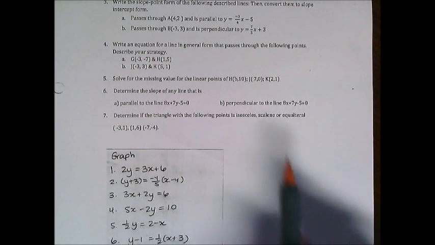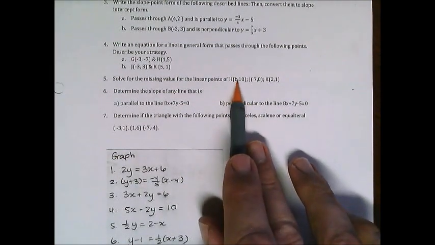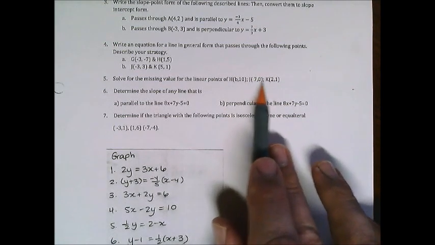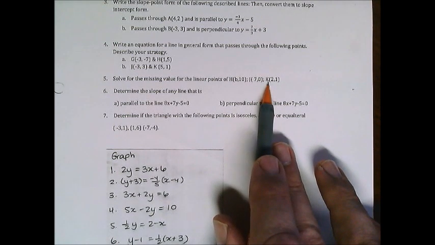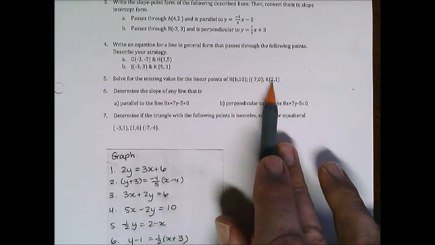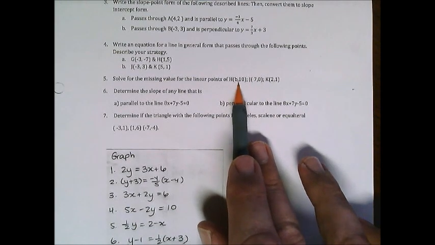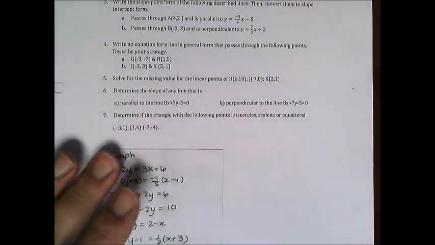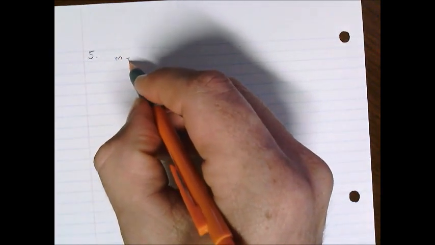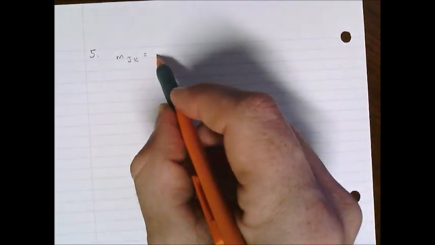So it's basically asking us for that unknown value. I'm going to pick the 2 points that I know both coordinates for, find the slope between those two, and then use that slope to help me find the missing value of b. So I'm going to find the slope of JK.